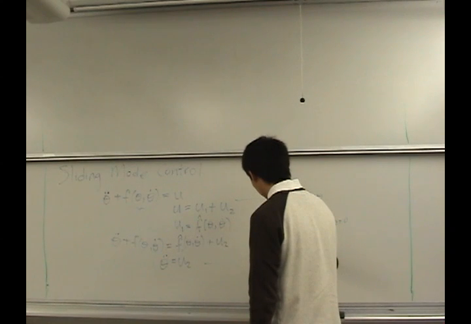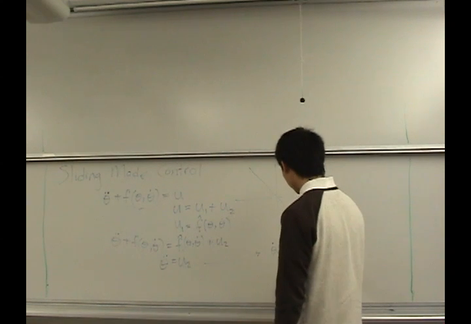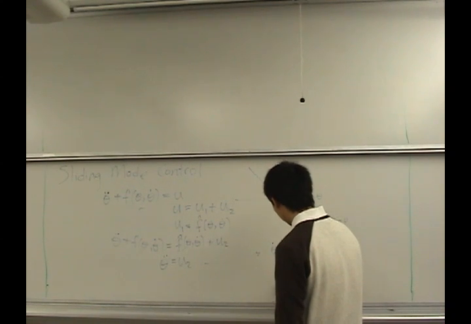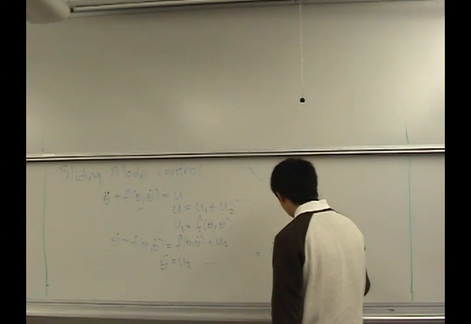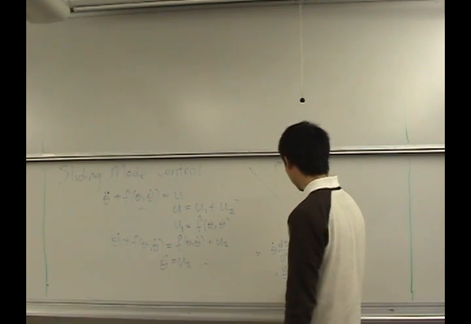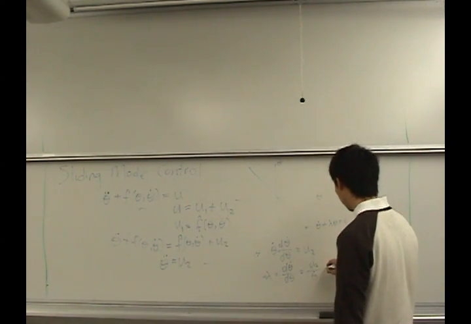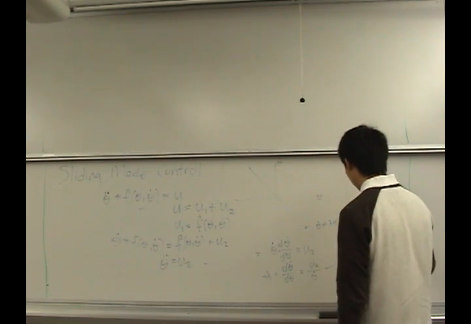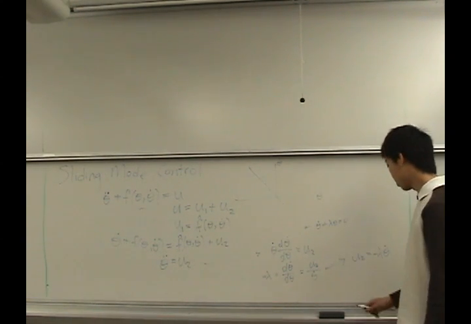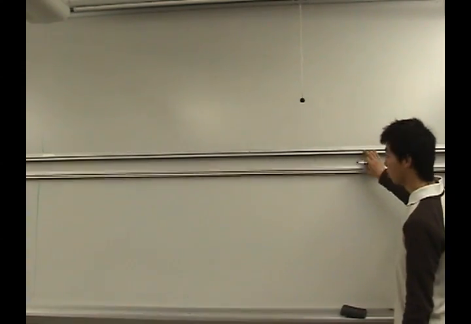So you do your little trick, and then just move stuff over. And this is your negative lambda, that's your slope. So therefore, your u2 is just negative lambda theta dot. So pretty straightforward, and that's the main part.